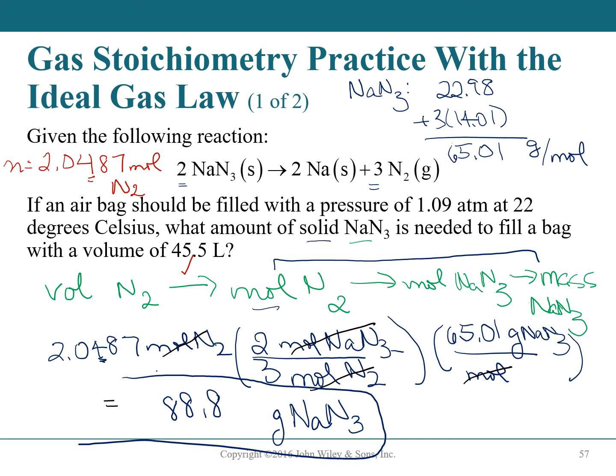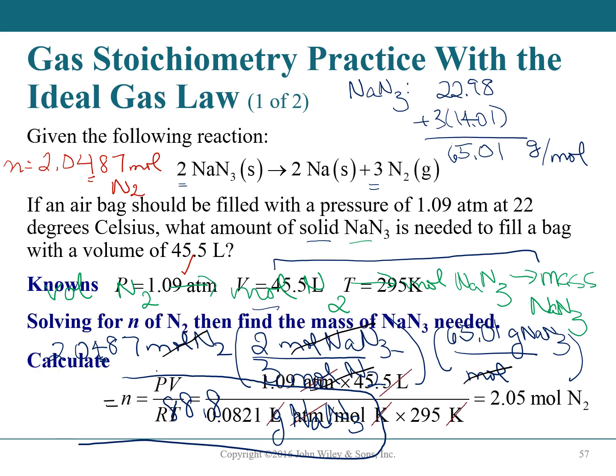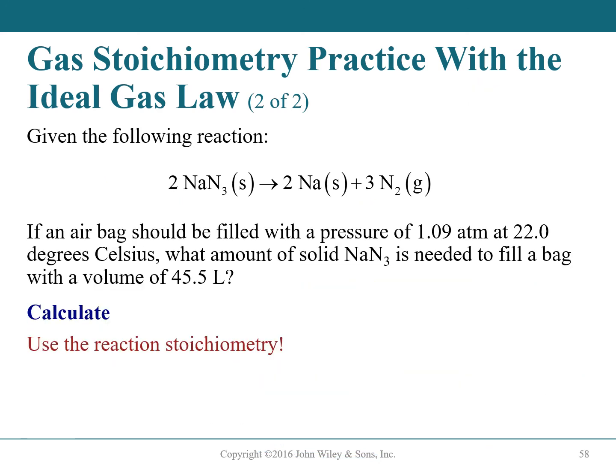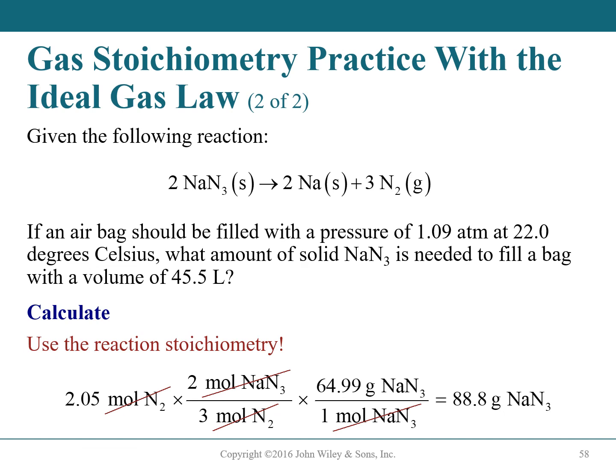So we know solid sodium nitrite, and we got the mass for it. We'll use our stoichiometry, and we got the 88.8. So this is, again, like we've been doing with chapter 9, all we're doing is expanding on that solution map and including gases as part of it.